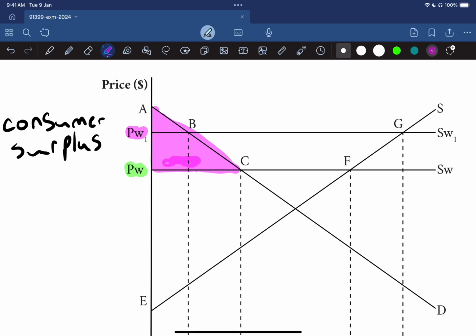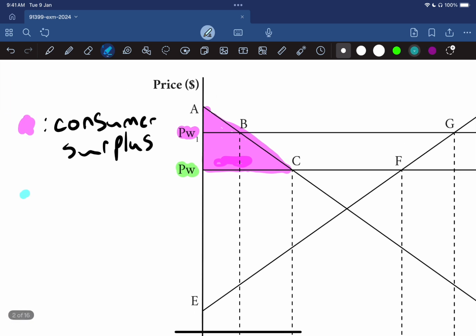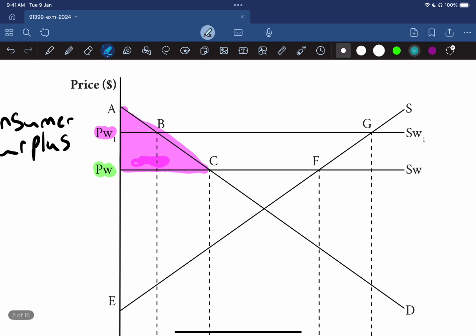Our producer surplus, on the other hand, will be this much larger area here, and I'll just color that in quickly.